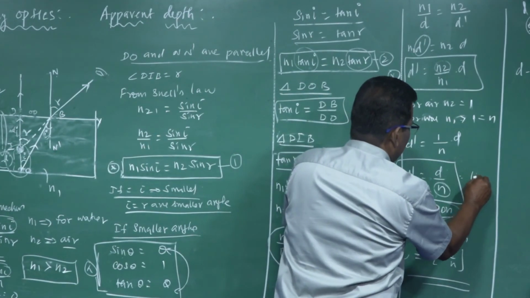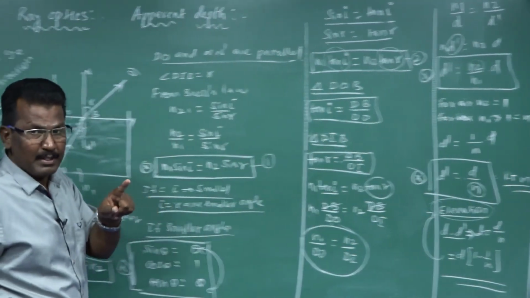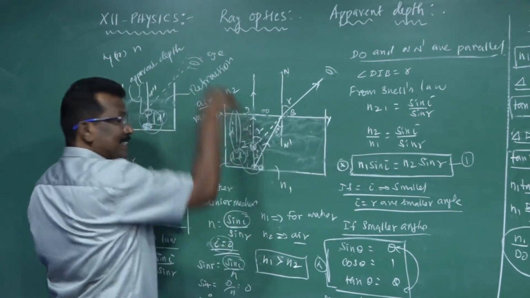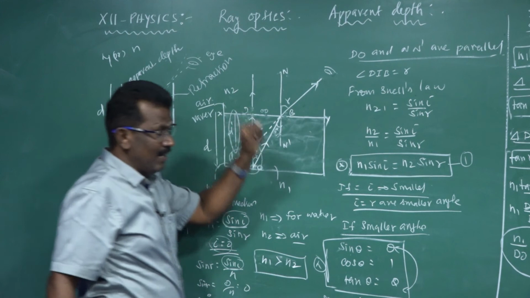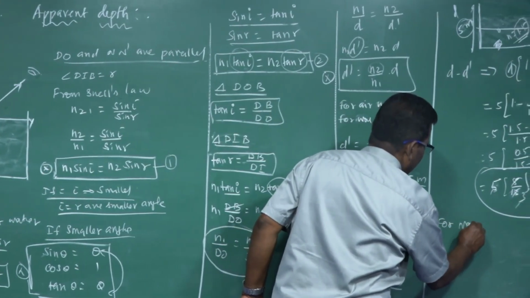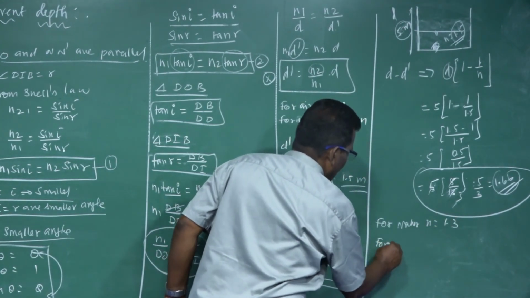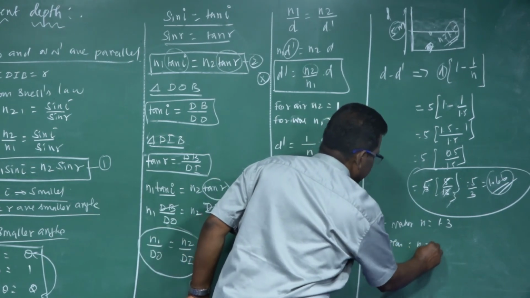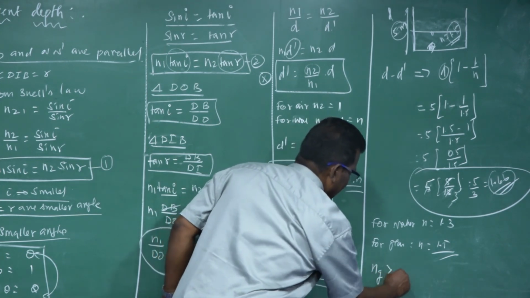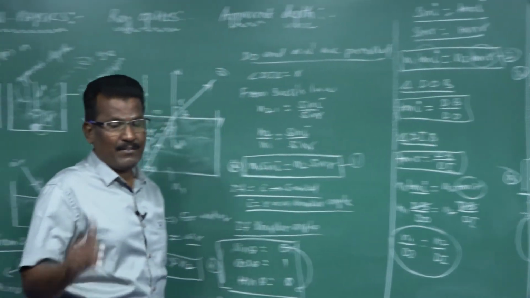If instead of water, some other medium like glass is placed inside the beaker, for water n is equal to 1.3, and for glass n is equal to 1.5. So n of glass is greater than n of water. The refractive index of glass is always greater than that of water.